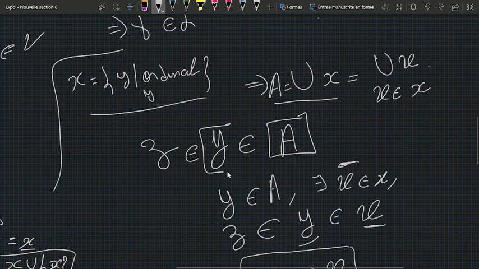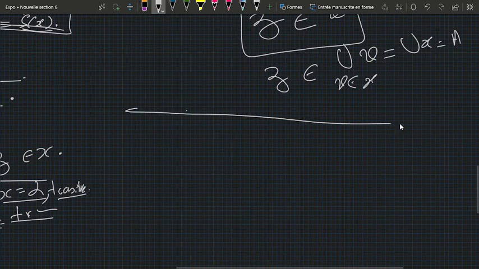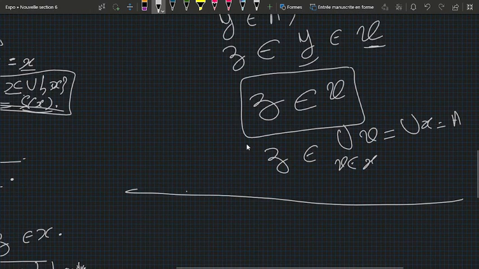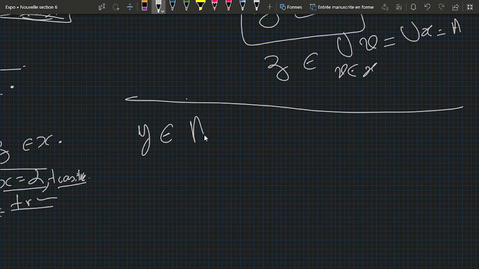Now Y is also transitive. We must prove that for Y in E, Y is transitive.